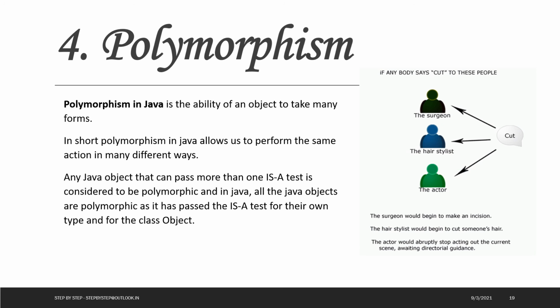Because that makes more sense in his context. Similarly, when the actor hears the word cut, the actor would abruptly stop acting out the current scene, awaiting directorial guidance. So for an actor, cut means stop acting.